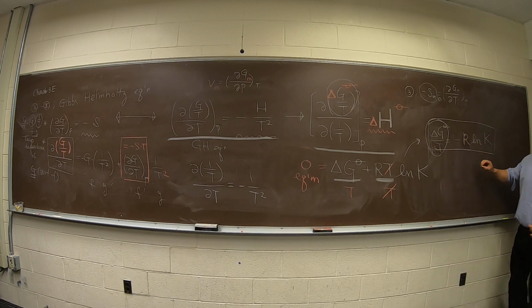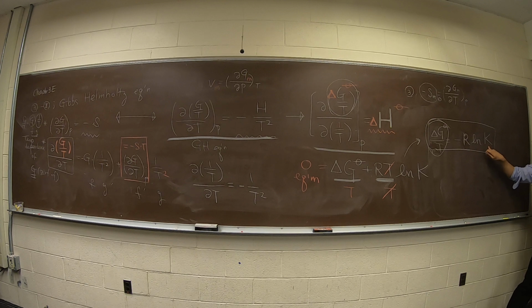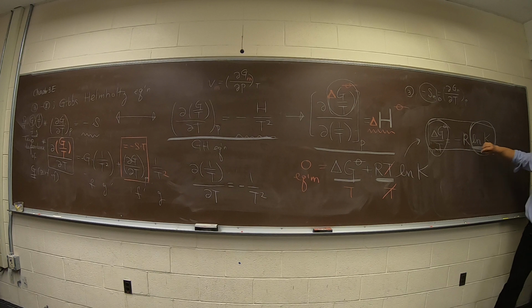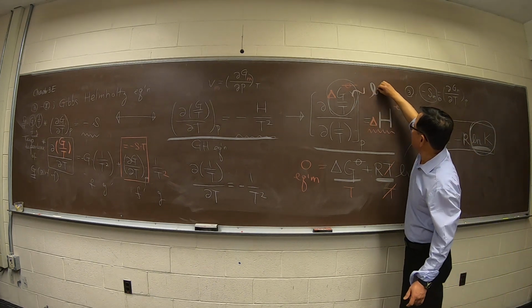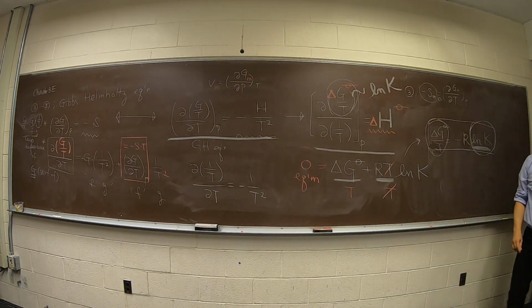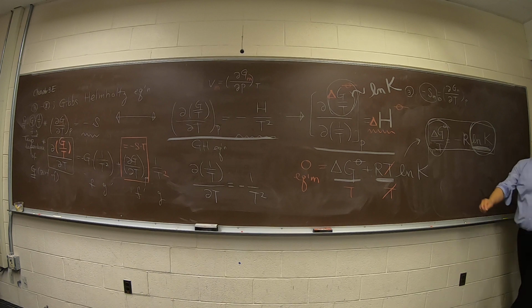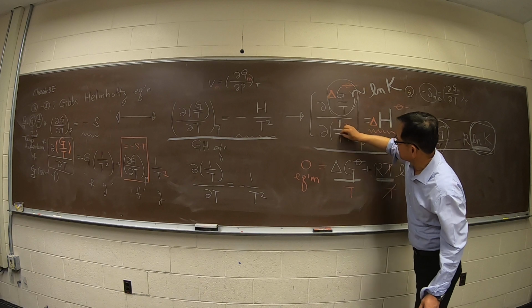But anyway, this G over T is thermodynamically more meaningful to define the equilibrium. And the equilibrium constant is not proportional to K, but to the natural log of K. That defines the natural log of the equilibrium constant, and that is actually not defined by temperature, but by 1 over temperature.